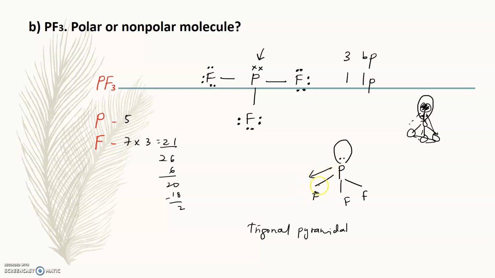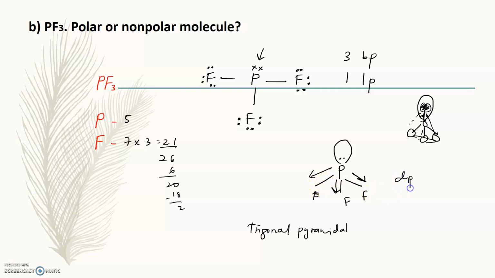Okay, maksudnya electron pada bonding akan tertarik, attracted more towards fluorine compared to phosphorus. Okay, dia lebih tertarik pada fluorine, so arrownya towards fluorine. Okay, so the structure is not symmetrical, and the dipole moment more go towards atom fluorine.